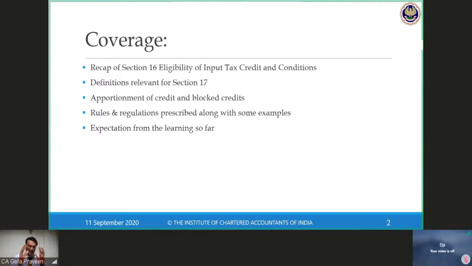So it doesn't change the position and the law remains as it is. If I can establish, as per my commercial terms, that my transporter, my agent, has received the goods, and my Incoterms are Ex-works from the supplier, then I would say I'm satisfied with the receipt terms and I can avail input tax credit.